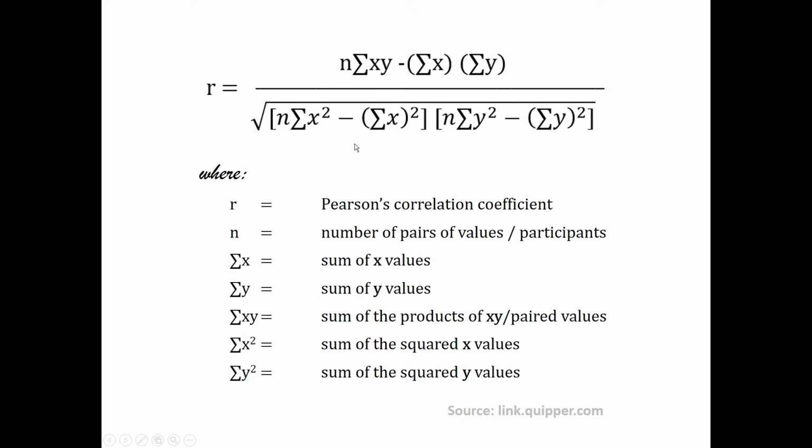Then the sum of the squared of all X values, you'll have this symbol. The sum of the squared of all Y values. Alright, so of course, all of these values, ito yung hahanapin natin. And then we are going to substitute numbers for these different symbols. So yun yung gagawin natin.